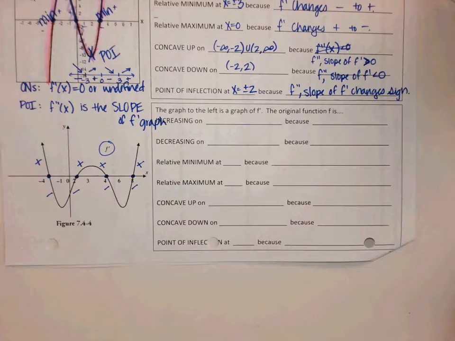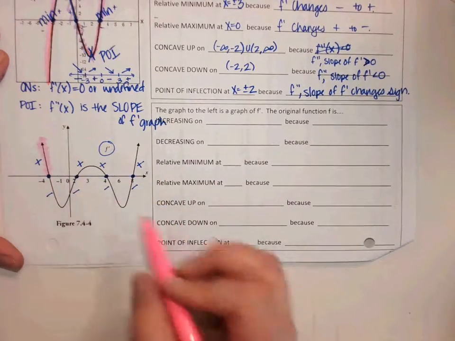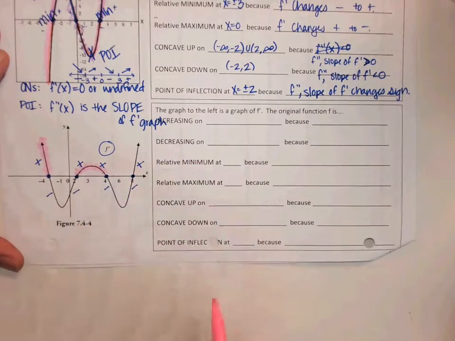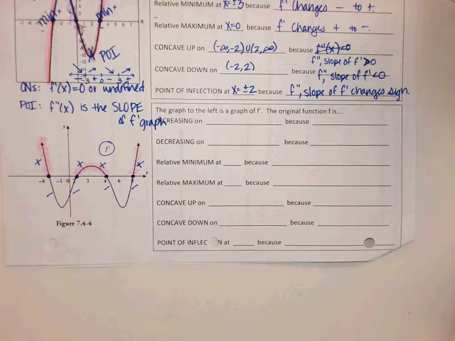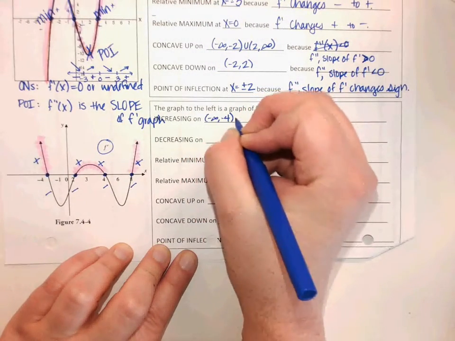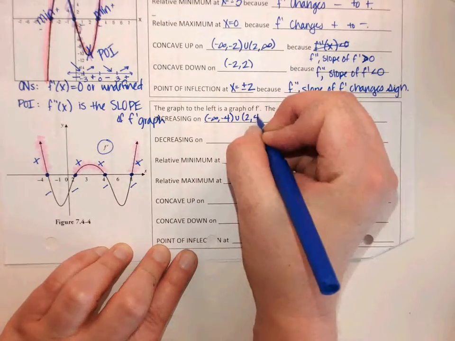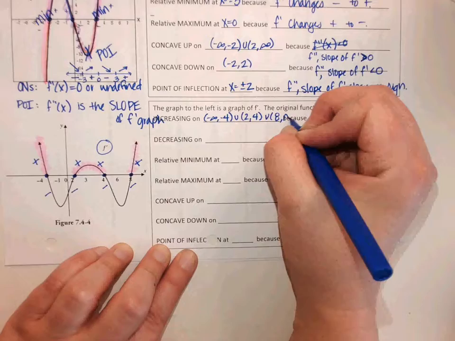So on which intervals will the graph of f, that I do not have a picture of, be positive? 3 places. All the way till negative 4, then 2 to 4, then 8 to infinity. Good. So, negative infinity to negative 4, union, 2 to 4, union, 8 to infinity.